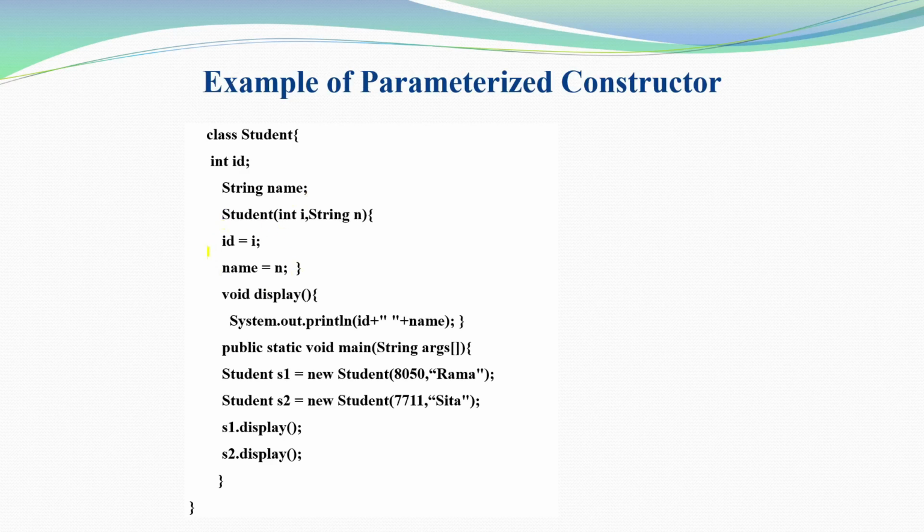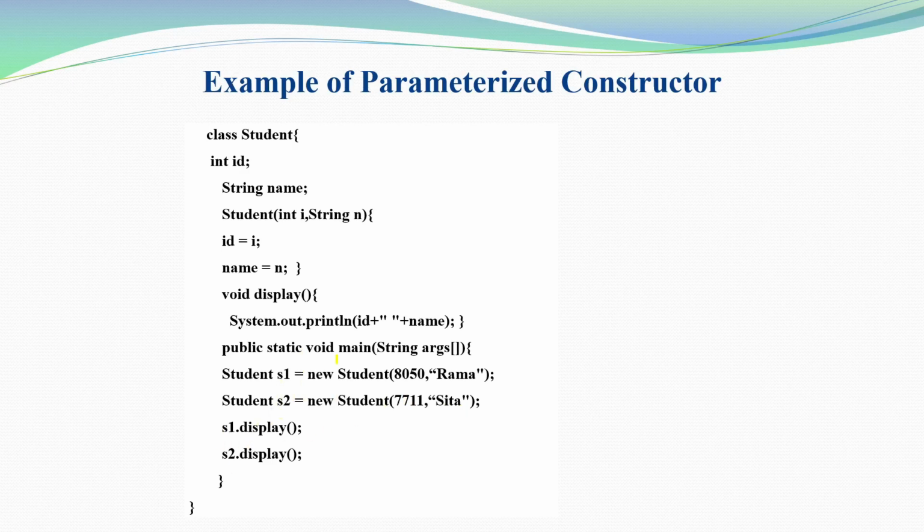Here you can see the constructors are used to initialize the values. So here it is initializing the id value and name value, and it's displaying. While creating an object of Student with an id and name, I created two objects and I am displaying them.